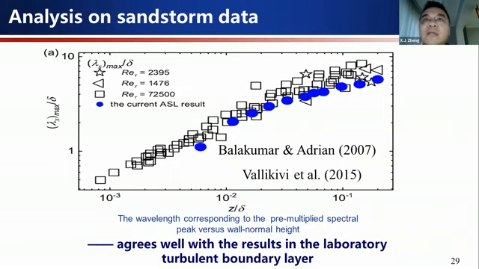Previously reported results indicated that the sand particles and Reynolds number exhibit negligible effects on the wavelengths of the spectrum peak. Therefore, the agreement shown in this figure further confirms the reliability of the analysis methods proposed in this study.